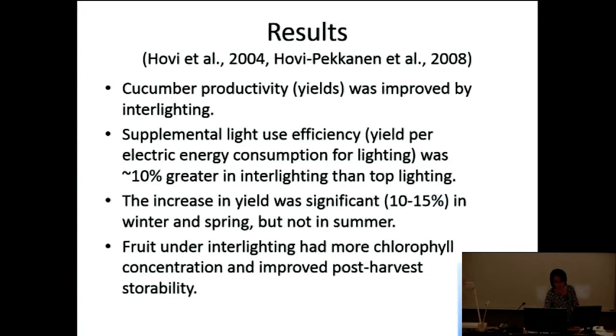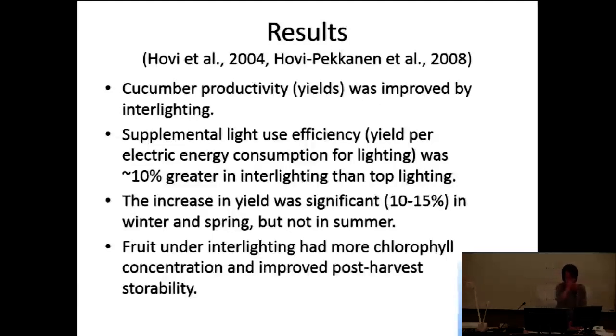So the summary of those two reports: cucumber productivity was improved by interlighting, and supplemental light use efficiency, yield per energy consumption, was 10% greater than the top lighting only treatment. So interlighting improved the energy use.